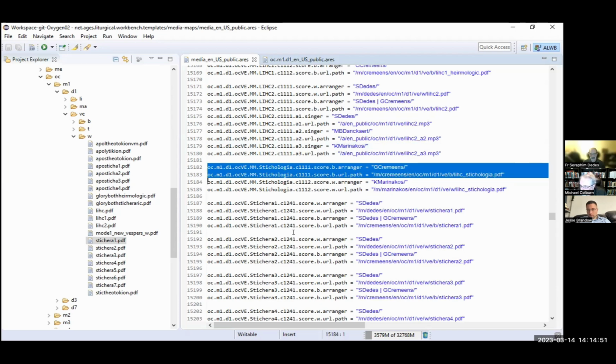And then, so currently in the media map, it takes 2 lines to register a piece of media, whether it's a score or audio. It used to be 5. When we first started out, we included a whole bunch of information about the score, and there were 5 lines.